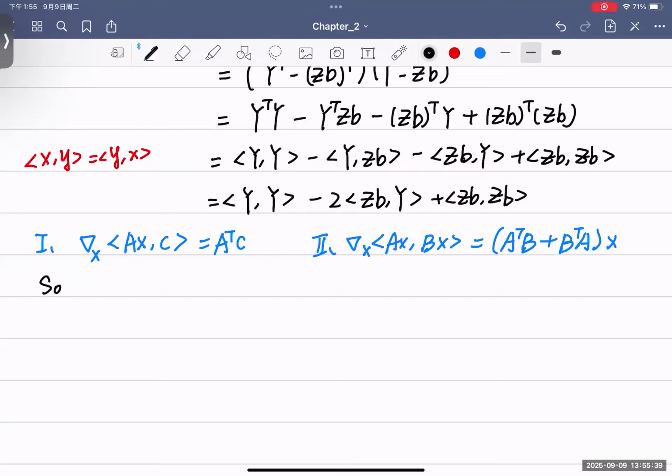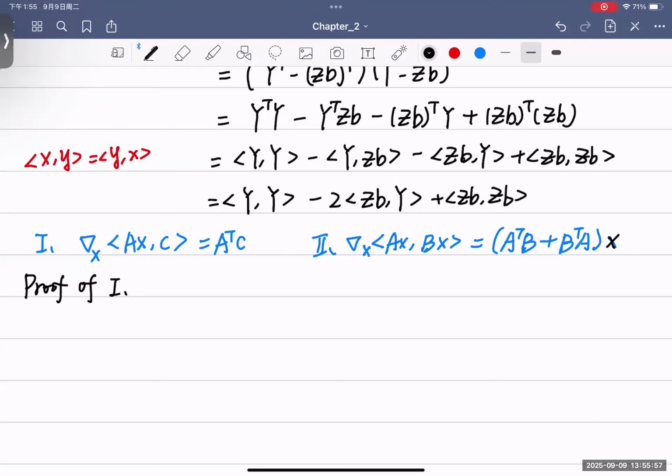Okay, maybe write it down as a proof. Now we want to find the derivative of Ax times c, so it's better to write down the form of A, x and c.